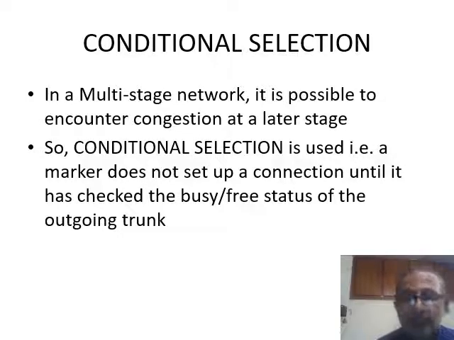Unless it knows that the outgoing trunk is free, it won't initiate the connectivity, and it will start giving a network not available message. For example, in a simple telephone system, it would give a network not available tone to the caller.